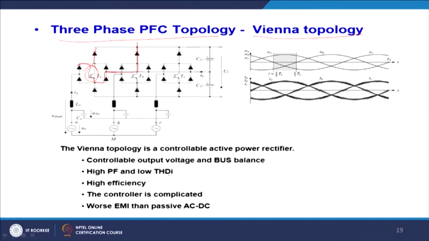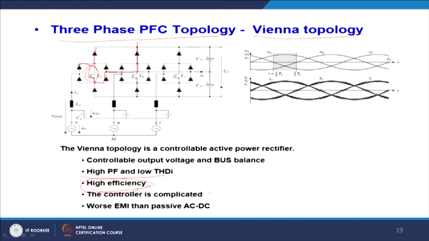You can see that these are the voltages and this is the current, and it is a high power factor and the THD low, high efficiency, but the efficiency needs to be challenged because it has a high diode drop, high conduction loss, but switching loss is a little lower.